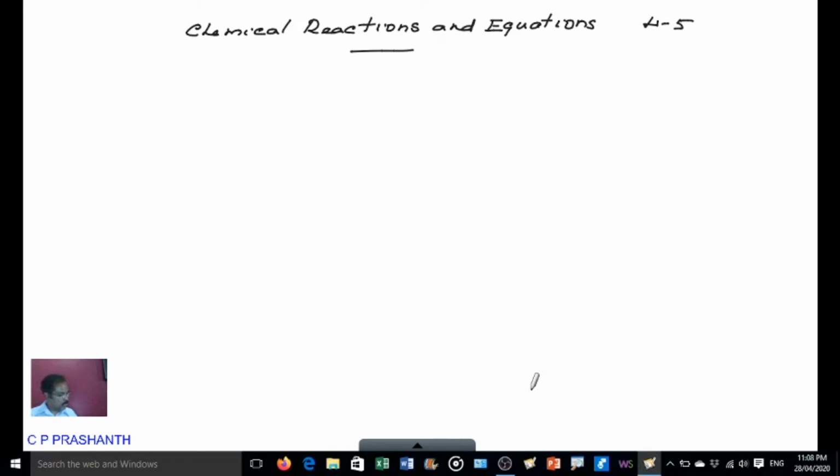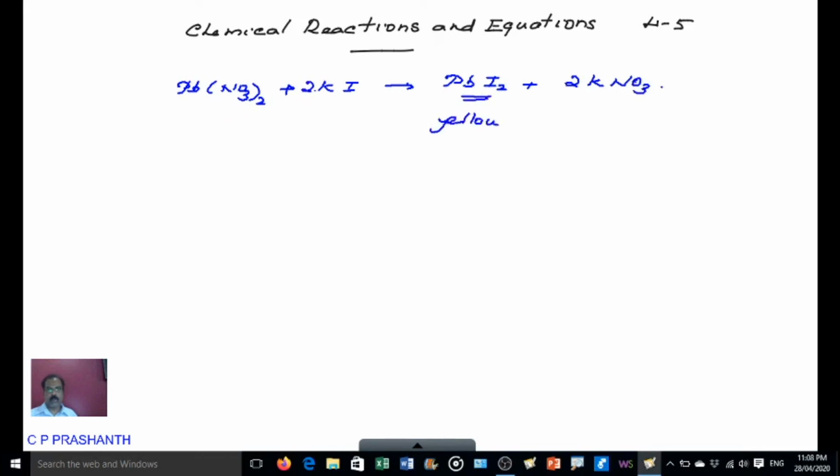Now let us see the other reaction which we had seen. Lead nitrate, we had seen this reaction already. Lead nitrate was made to react with potassium iodide, and we got a yellow precipitate of lead iodide, which is PbI2, and potassium nitrate will remain in the solution. So this becomes yellow precipitate, PbI2.